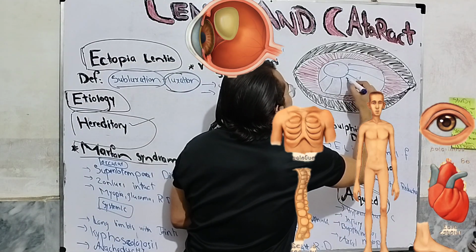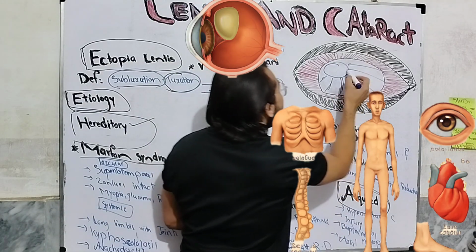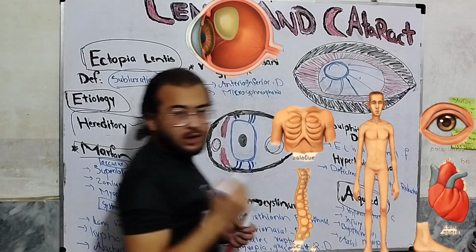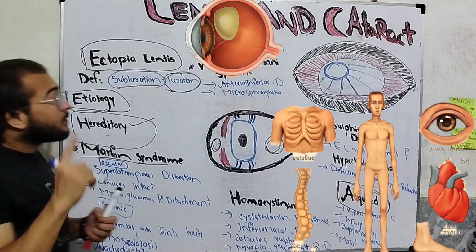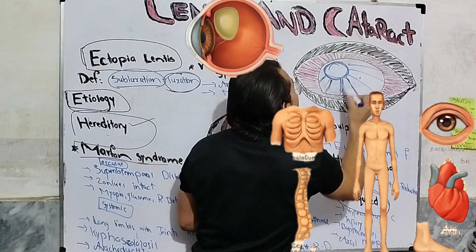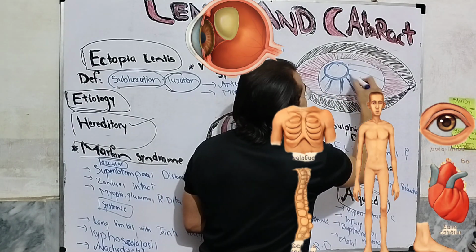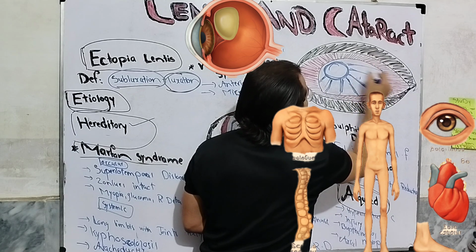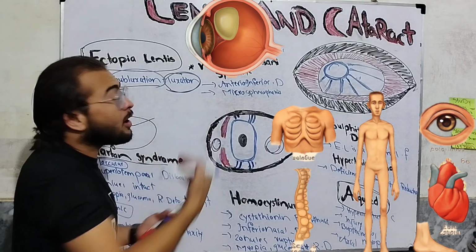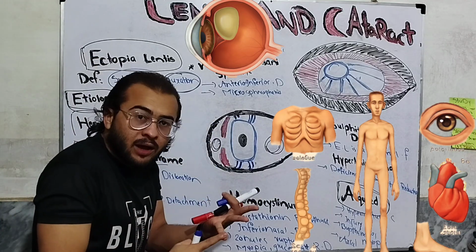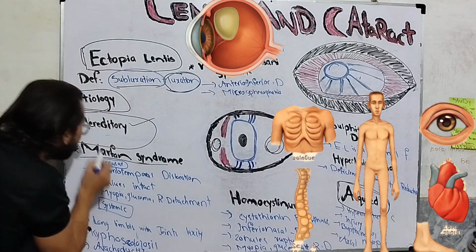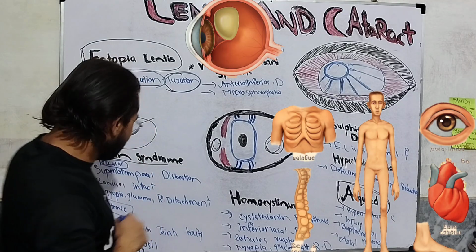For example, if these are the zonular fibers, the lens will dislocate superiorly and temporally. And remember, the zonules in Marfan syndrome will be intact. They will not be ruptured, and we will have associated ocular features like axial myopia, glaucoma, and retinal detachment. So these are the ocular features of Marfan syndrome.